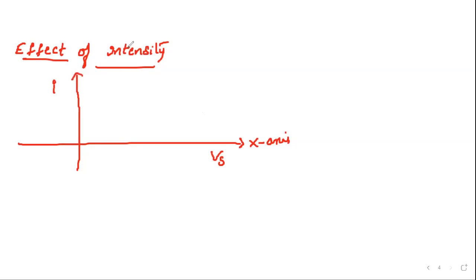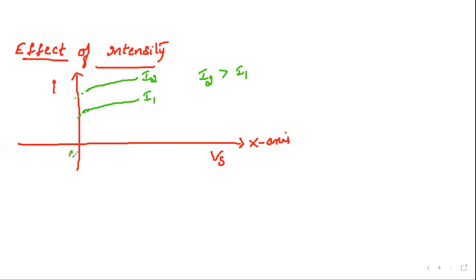Now, I'm going to take different intensities. Let us say this is the first intensity I1, and this is the second intensity I2. Clearly, you can tell I2 is more than I1, because for I2 the current is more, and for I1 the current is less.